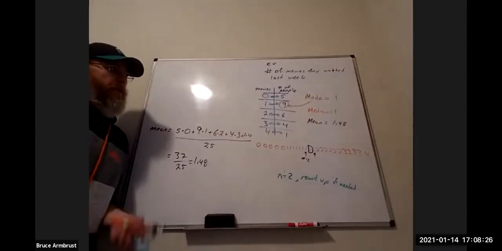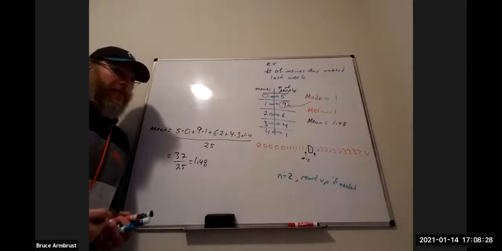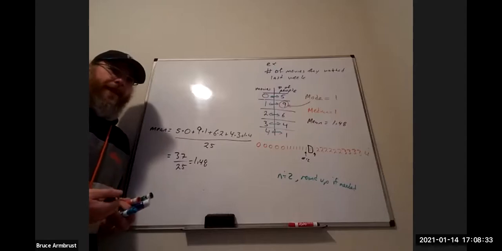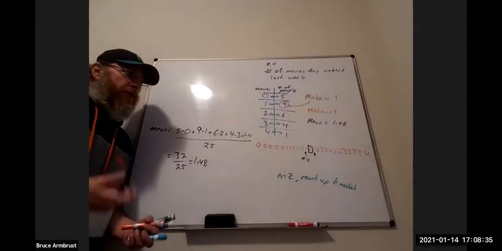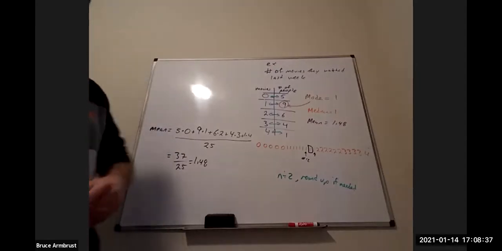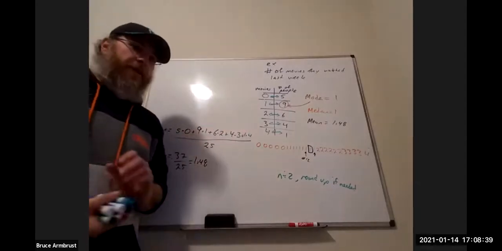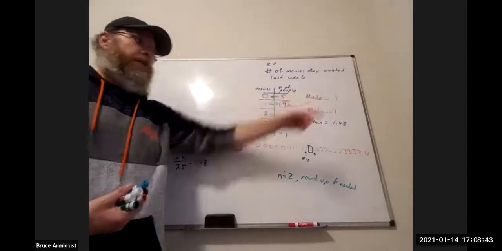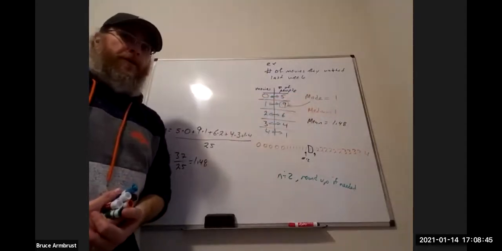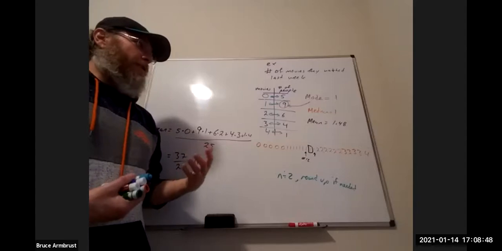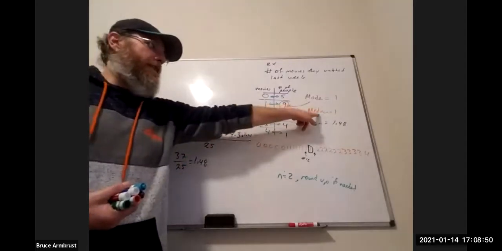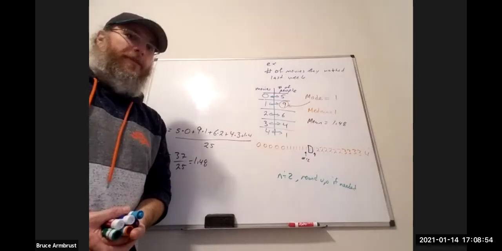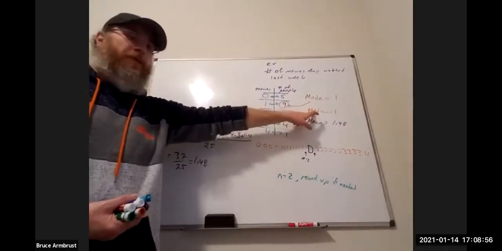So mean, median, mode, they all tell you something different, but they're all a measurement of sort of the center of the data, right? So the way to interpret this is the number of movies most frequently watched was 1. Half of the people watched at least one movie, half of them watched no more than one movie.